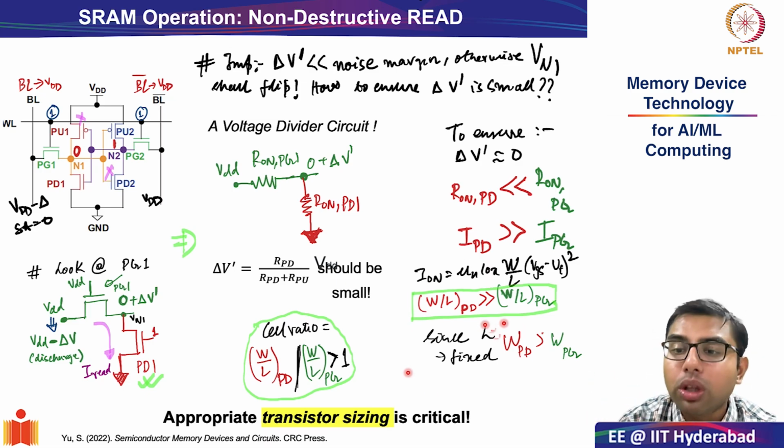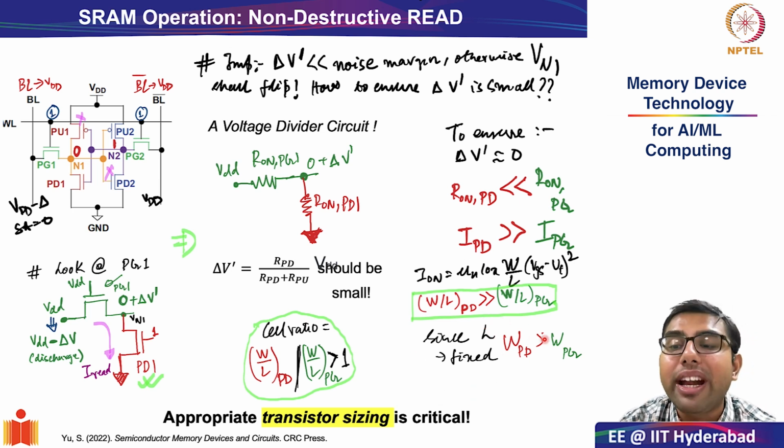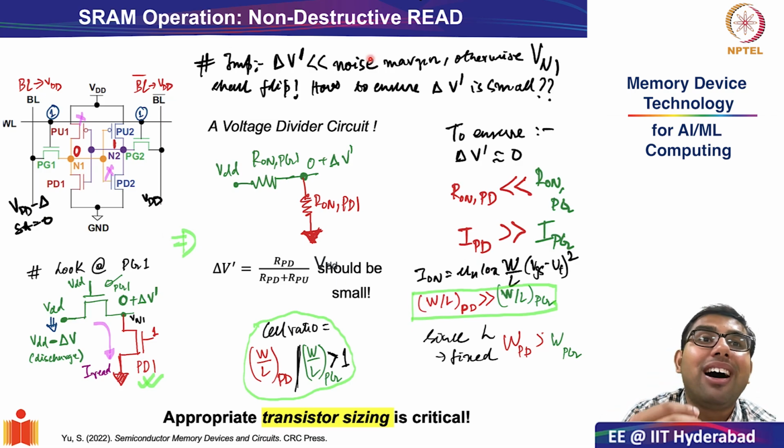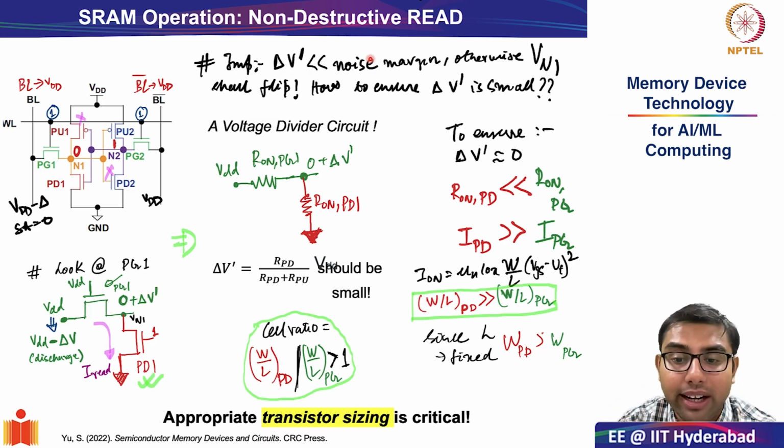So therefore, because the L of the transistor is fixed, you have WPD greater than WPG to ensure that delta V dash is small, which is in turn to ensure that you have delta V dash within the noise margin, which allows for a non-destructive read.